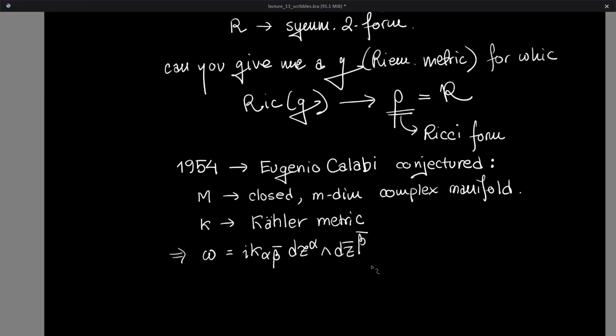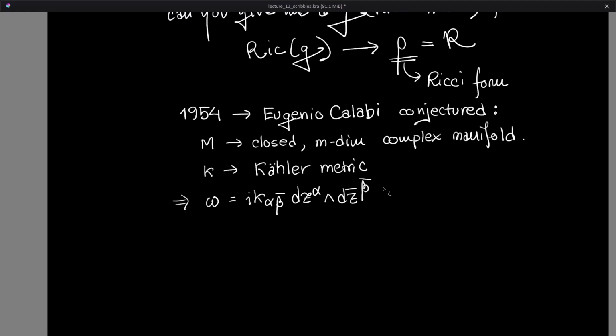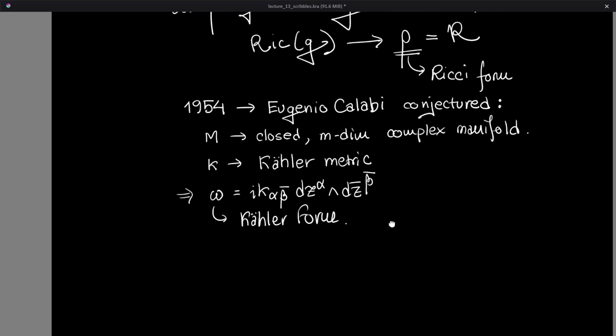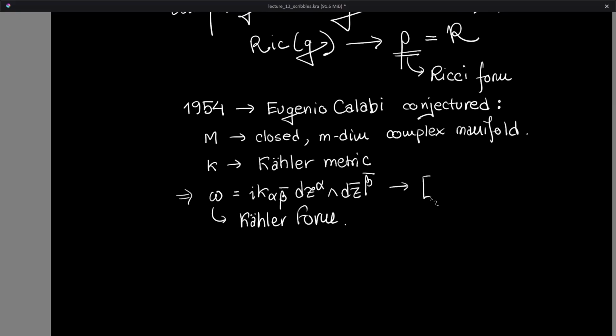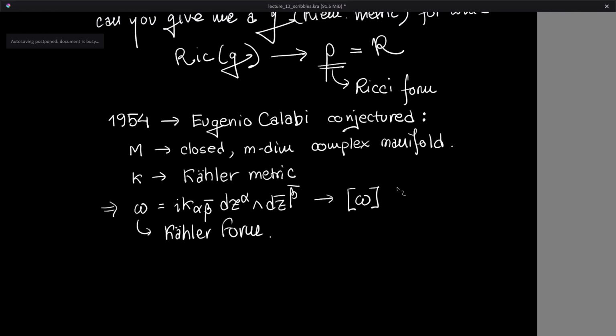Of course, I am translating all of this into our own notation so that it's easier to understand, but this would be our Kähler form, a closed exterior 2 form, and so this would produce a cohomology class. We call it square brackets omega. This is an element of the second de Rham cohomology class.